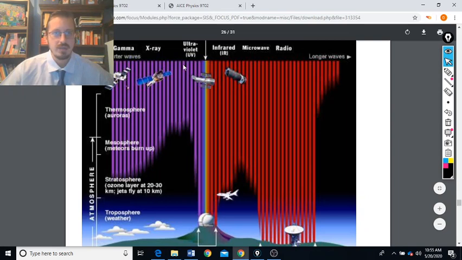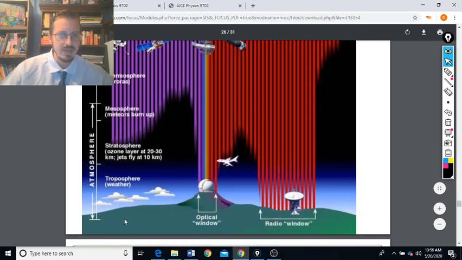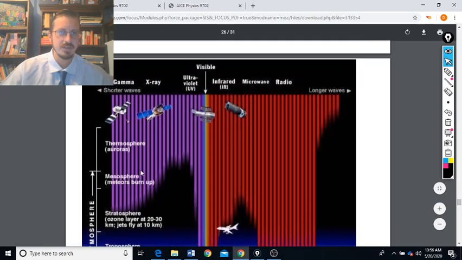I want to take a moment here to discuss, briefly, the idea of penetrating power and ionizing radiation. So in the radioactivity slides, we talked about alpha, beta, and gamma decay. And here we see gamma waves. Note that they don't make it all the way down to Earth's surface, and that's a good thing.